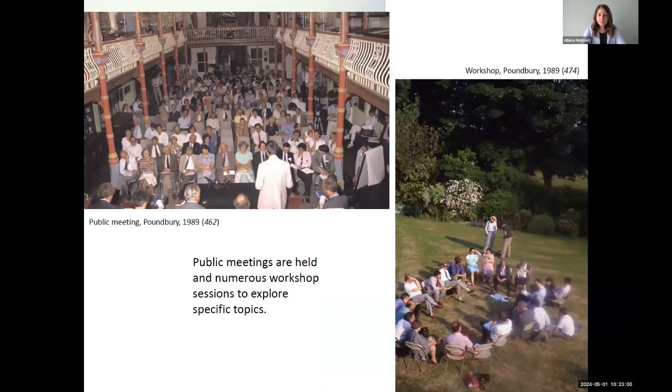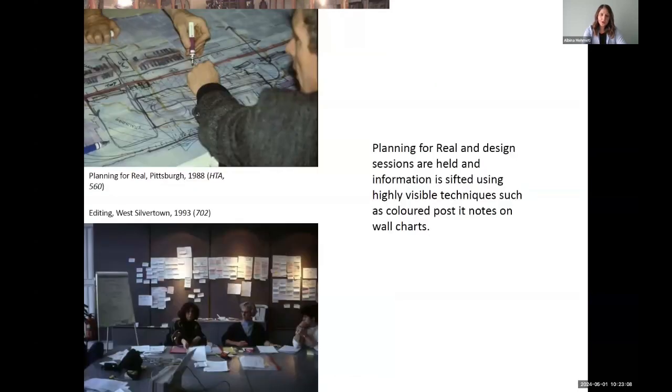Also, public meetings are held and numerous workshop sessions in order to explore specific topics. Planning for real and design sessions are held and information is sifted using highly visible techniques such as color post-it notes, wall charts, or other practices by individuals.